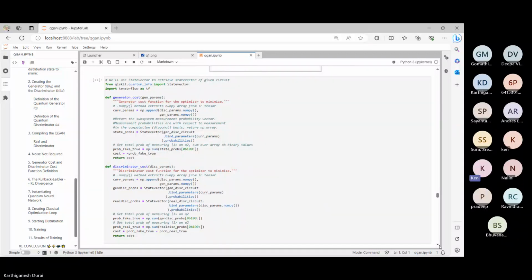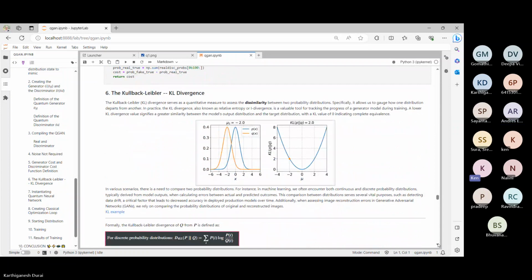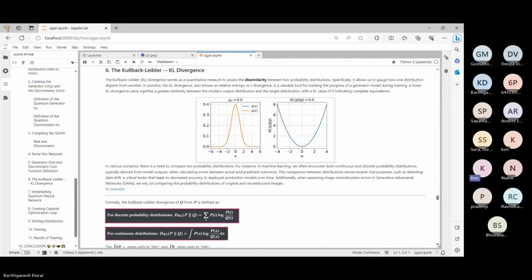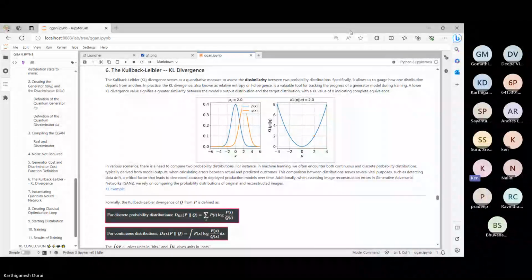But let's scroll down to something more important. Let's scroll down to the KL divergence. Right here is fine. So the KL divergence allows us to compare two different distributions, okay? And so when those two distributions are the same, then our KL divergence goes to 0. And when they diverge, well, then you could see how our KL divergence diverges away from 0, okay?